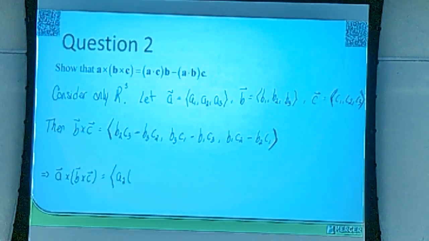The A2 times the third component of our cross product above. And I am going to take advantage of copy paste.